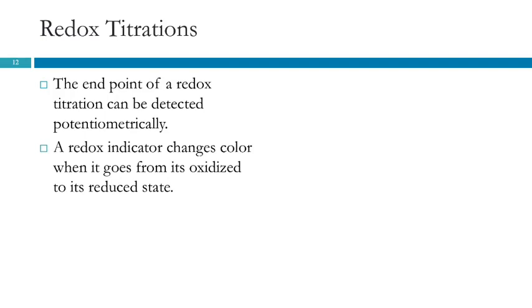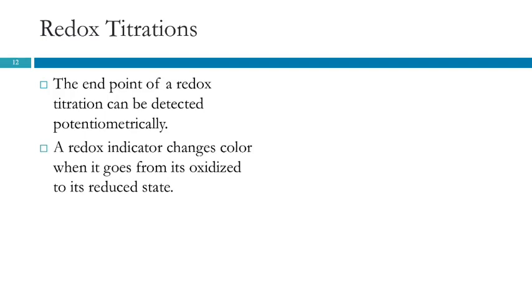So the endpoint of that can be detected potentiometrically, but sometimes you can also use a redox indicator. Permanganate is great because it's self-indicating. Permanganate is intensely colored, and when you reduce it, I have to work through that in my head every single time. When you reduce it, it loses its color. And so that's pretty useful.